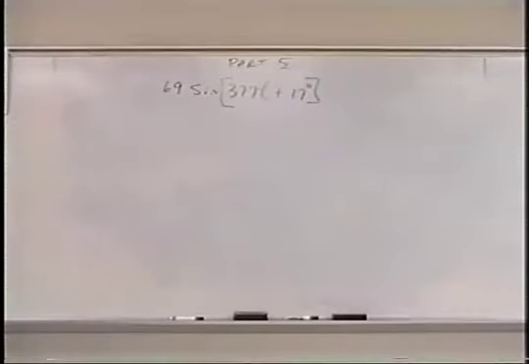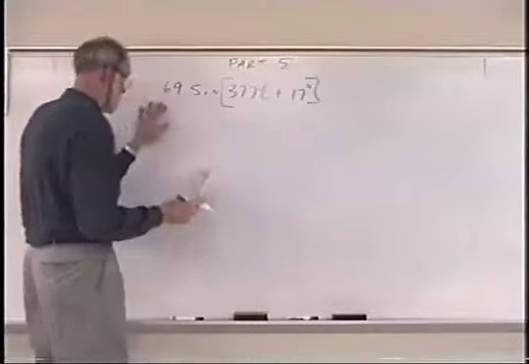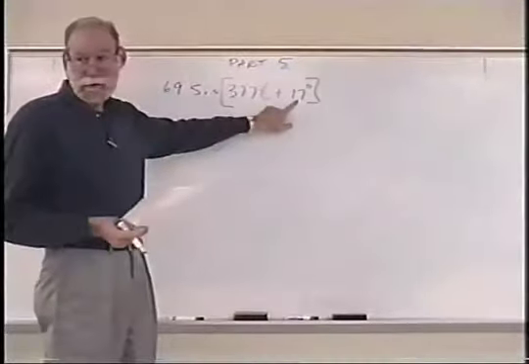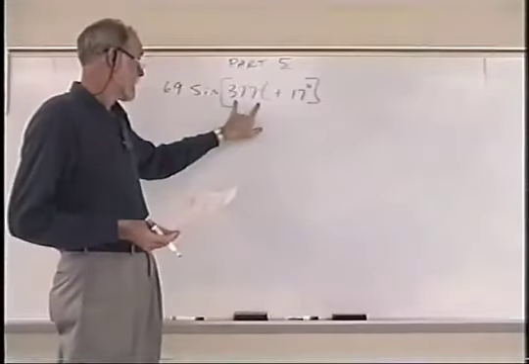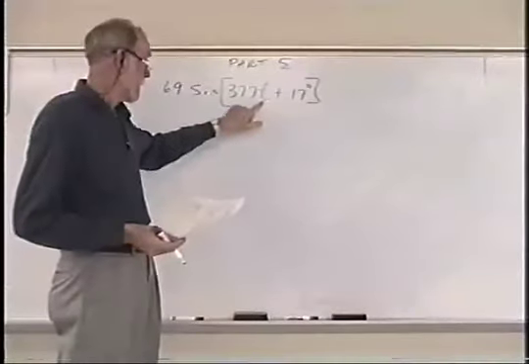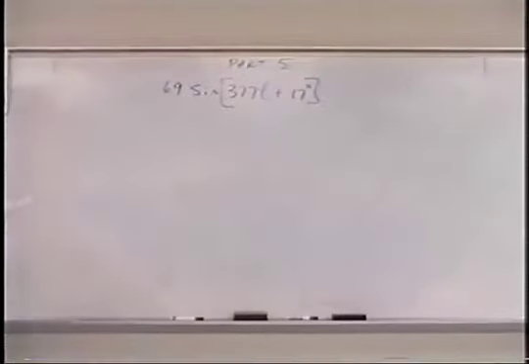If I was going to solve this in my calculator and get a value for this function as it's written, I would have to convert the 17 degrees to radians, then add it to the 377 times whatever time I was looking at, and then take the sine and be sure I'm in radians mode on my calculator.